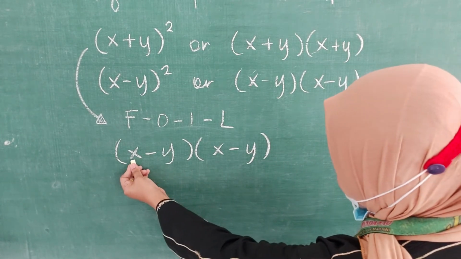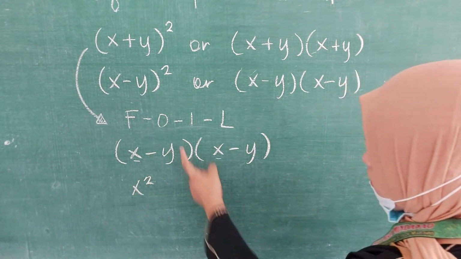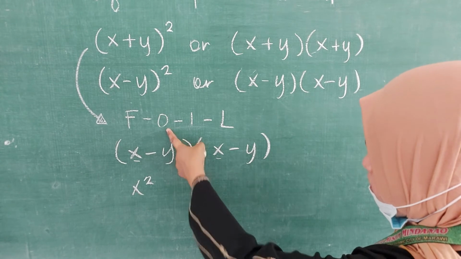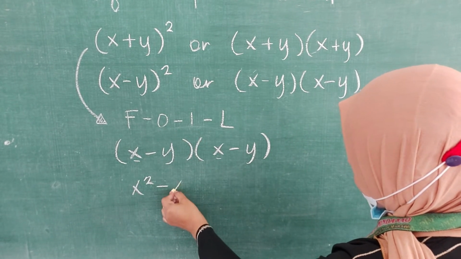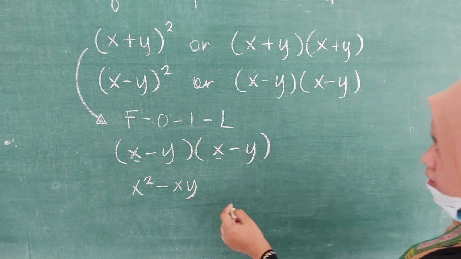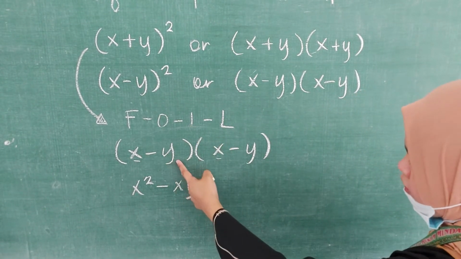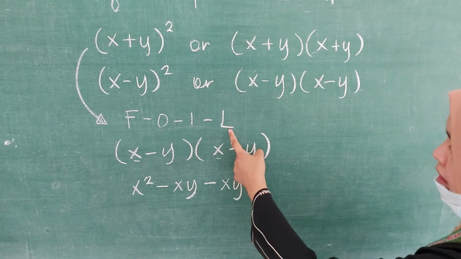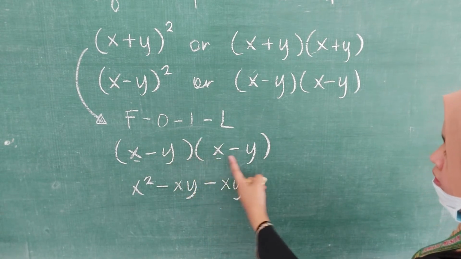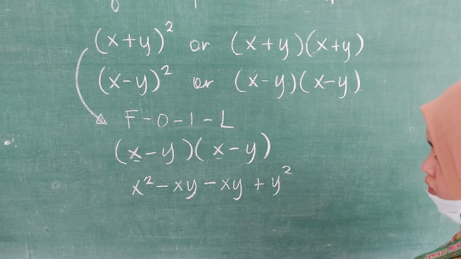So, ang first term is x times x, x squared. The outer terms, x times negative y, negative xy. Next, for the inner term, negative y times x is negative xy. For the last term, negative y times negative y is positive y squared.